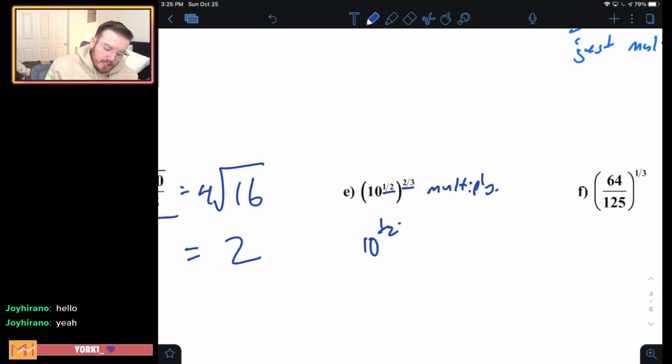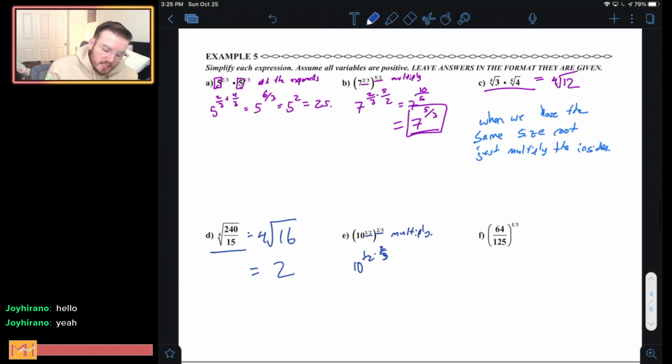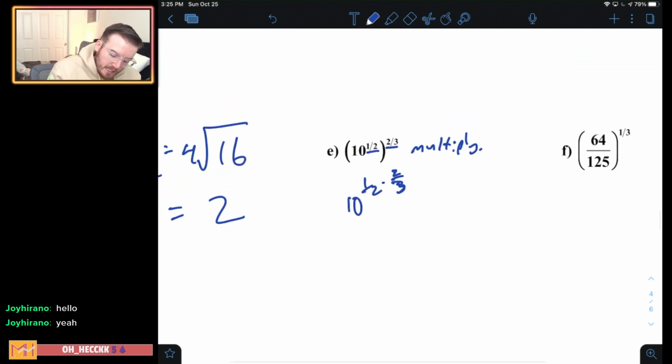I don't want you to think it's difficult. You just got to know which property to use. And hopefully you see the distinction between this problem and this problem, right? This is multiplying two things together. This is an exponent raised to another exponent, right? So we multiply those exponents together and we end up with 10 to the 2/6, which reduces down to 10 to the 1/3.